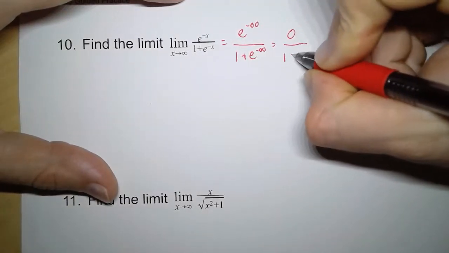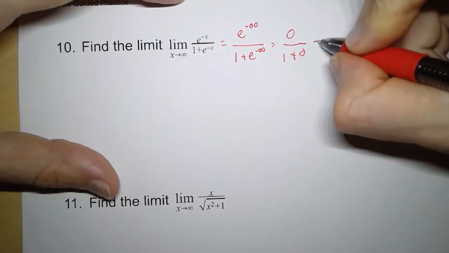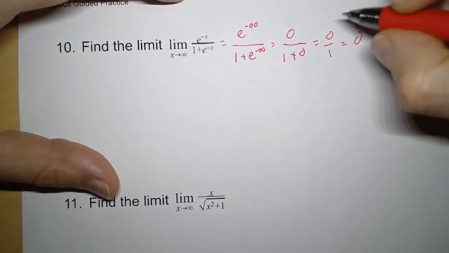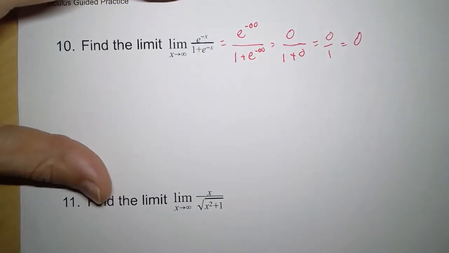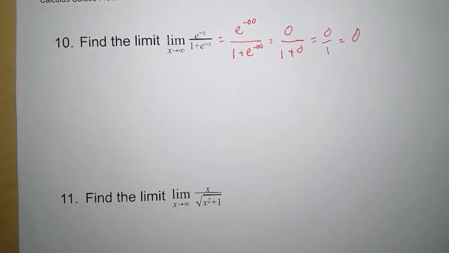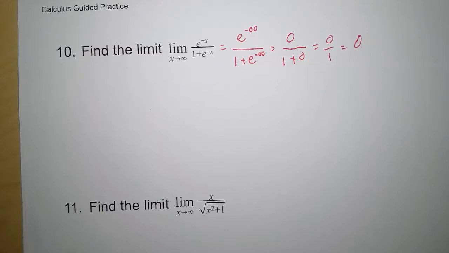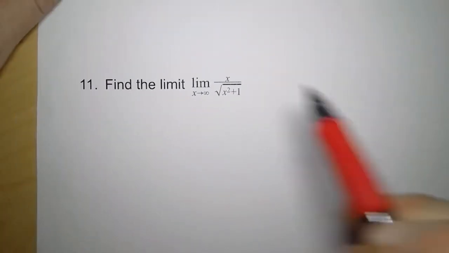So this is actually a fake out because we have 0 over 1. So actually the limit equals 0 here. So this is a problem that doesn't require L'Hopital's rule. And that's another important lesson to learn about L'Hopital's rule, is not just how to do it, but also when it's not needed.